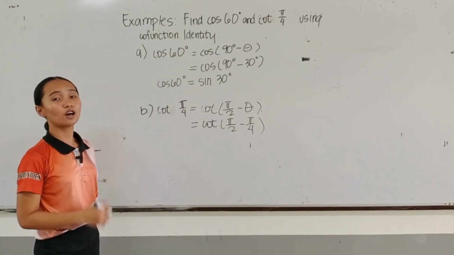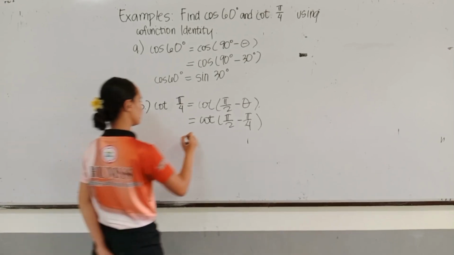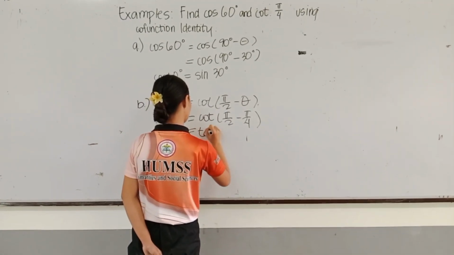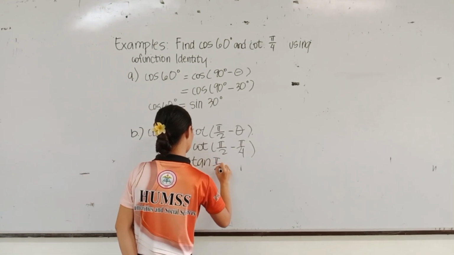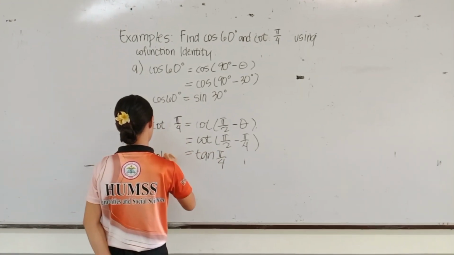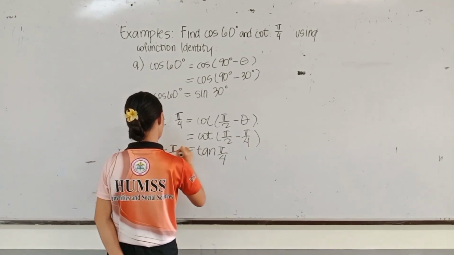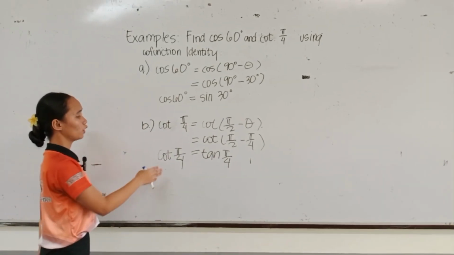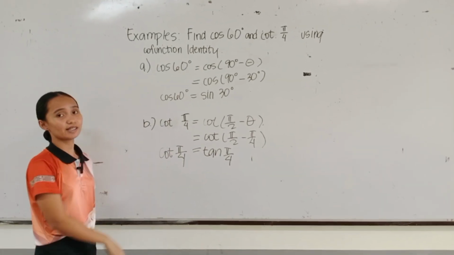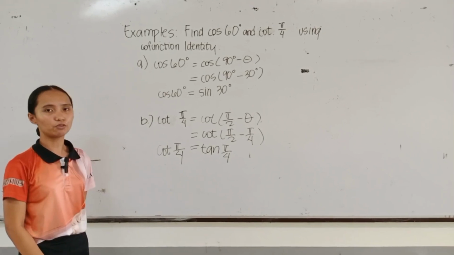Then use the co-function identity. Therefore, the co-function of cotangent pi over 4 is tangent pi over 4.